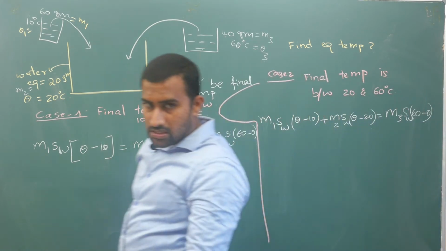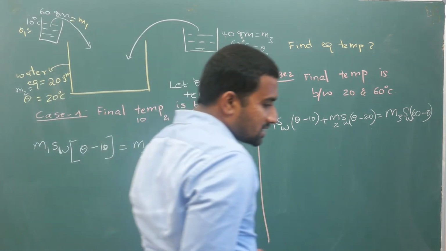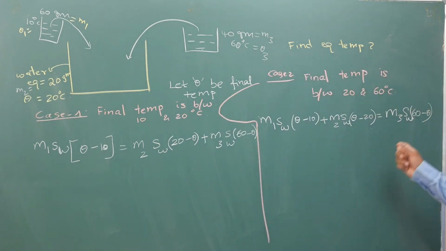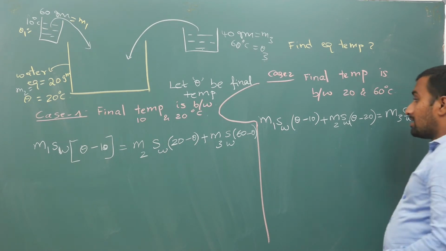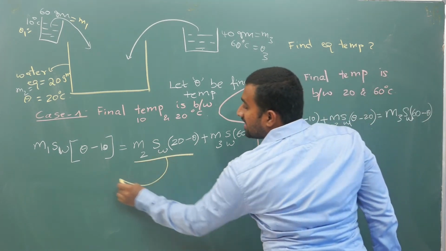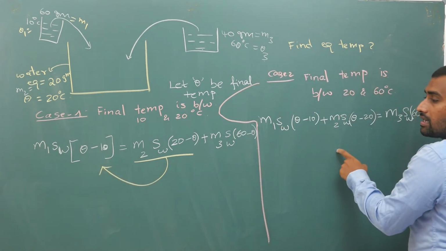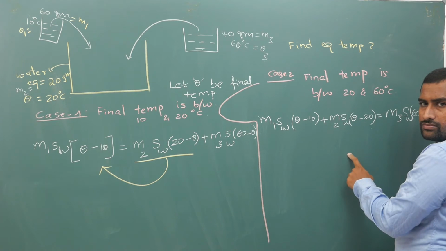I hope this corner part is visible to you. Let me see. Yeah, it is visible. So it is 60 minus theta here. Now observe carefully. This term, if you send it to the other side, this equation will transform into this equation.